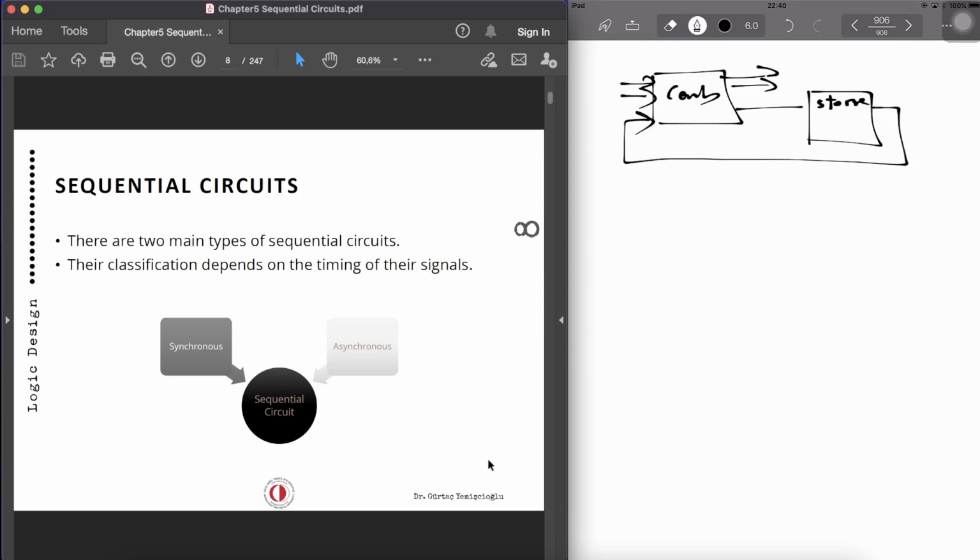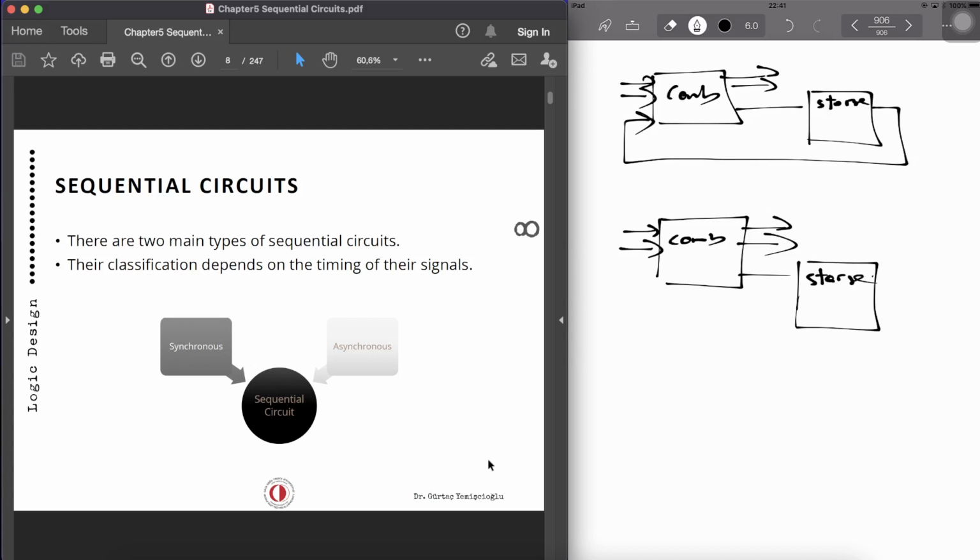Now, when we consider synchronous sequential circuits, we have the combinational logic, a set of inputs, a set of outputs, also a storage element, and the feedback path.